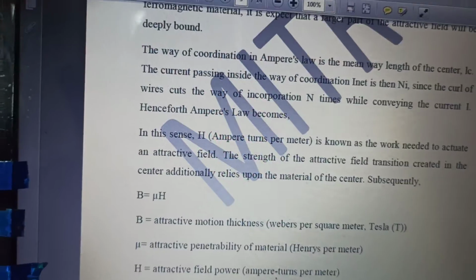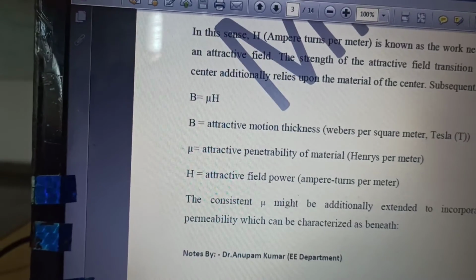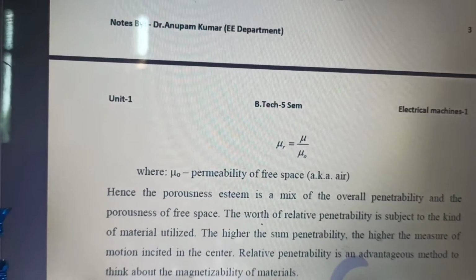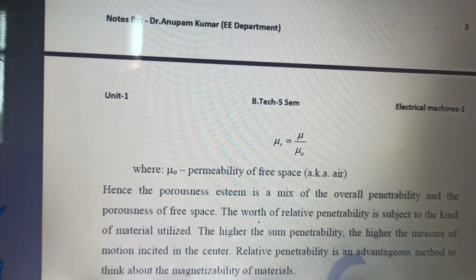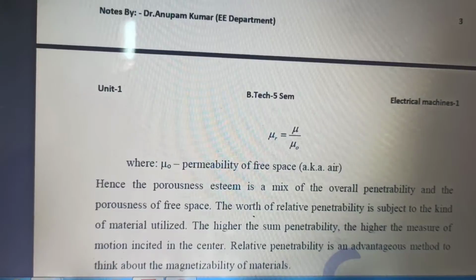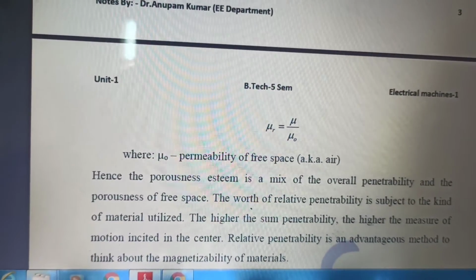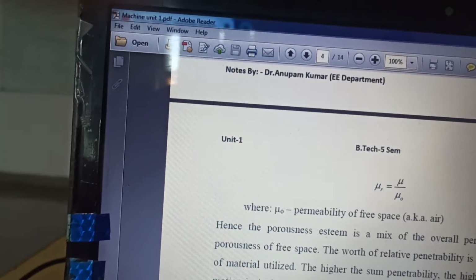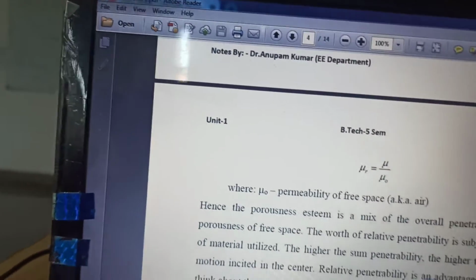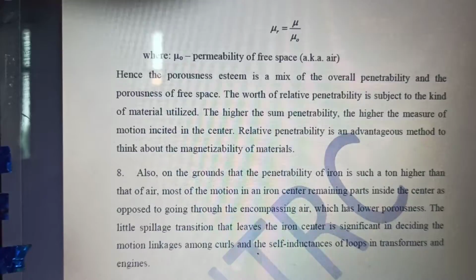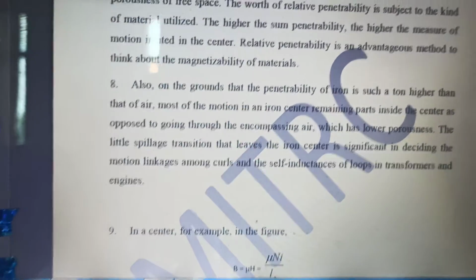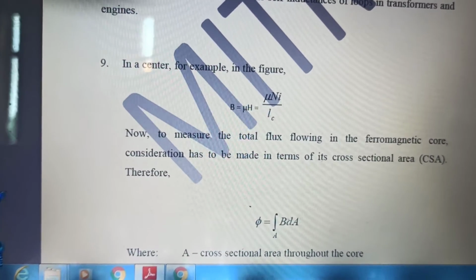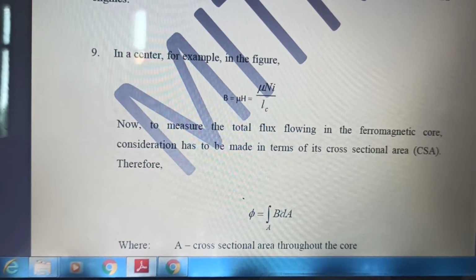Now next, a very important thing is that if the medium is not air, if it is iron, then mu becomes mu naught times mu r. Now let's come straight to the understanding of the core.